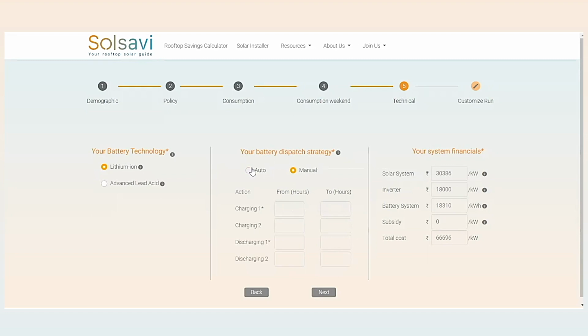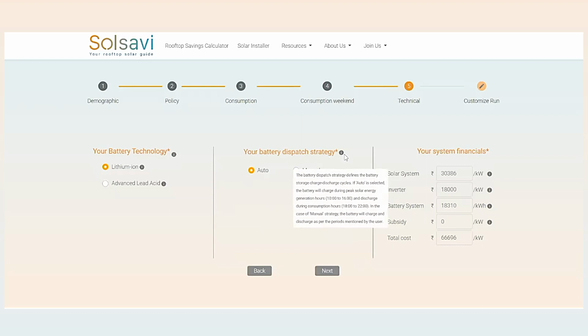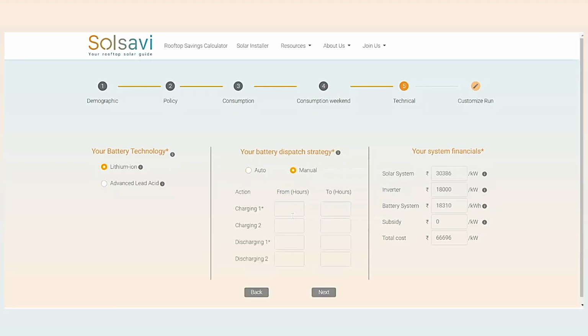If I select auto, in the I button we have mentioned that the charging time would be from 10 a.m. to 4 p.m., that is 1600 hours in a day, and the discharging time will be between 6 p.m., that is 1800 hours, to 2200 hours, that is 10 p.m. in the night. If you select manual dispatch strategy, you can define a different time to charge and a different time to discharge.